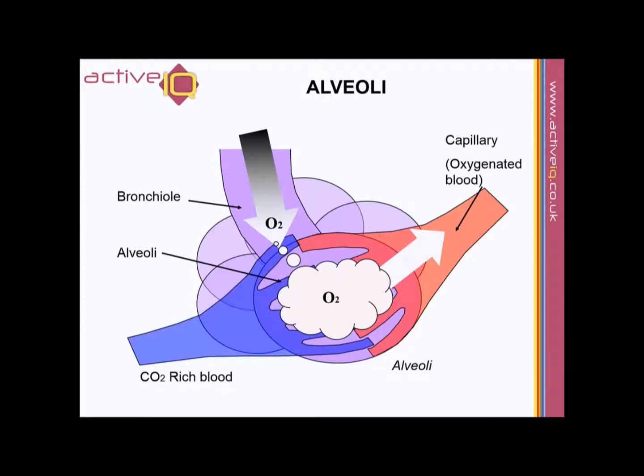You see the bronchiole coming in on the top arrow, the alveolus there, where we have the blood coming in from the pulmonary artery on the left, carrying this CO2-rich blood that then diffuses through the alveolus. Oxygen comes in through the breathing tract into the alveolus and is then taken away in the pulmonary vein, red oxygenated blood, to the right.